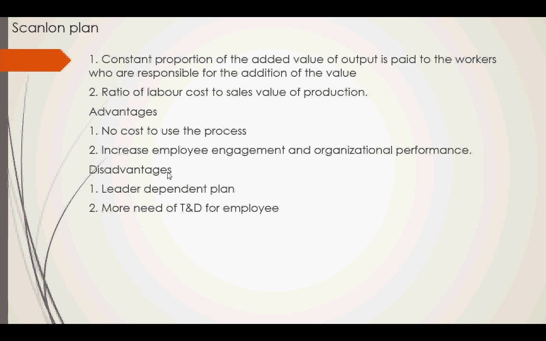What are the advantages? No cost to use this process. It is simple and easy to calculate the incentives that would be given to the employees. Second, it increases employee engagement and organizational performance. And it is also a leader dependent plan. More need of training and development for the employees.